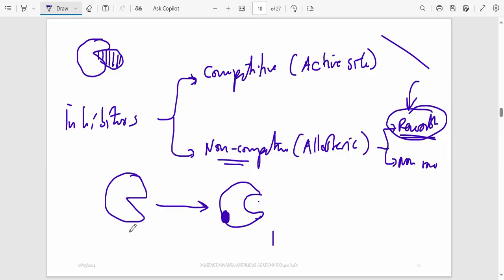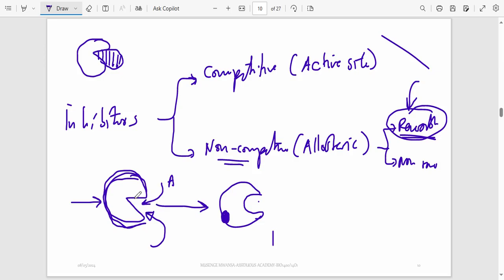The allosteric site. Okay, so this portion here is the active site. The rest of the part that has remained, which is not the active site, is the allosteric site. So what inhibitors do is that when they bind to the allosteric site, that is going to cause a change to the active site.